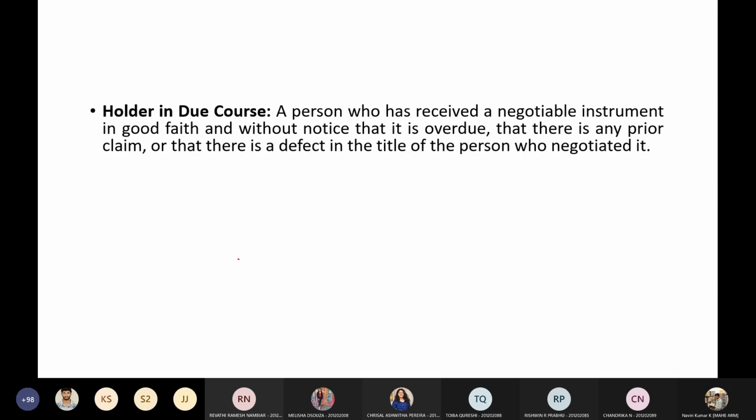Exactly. One of the unique features of the instrument is its negotiability. So we know that it is a negotiable instrument.